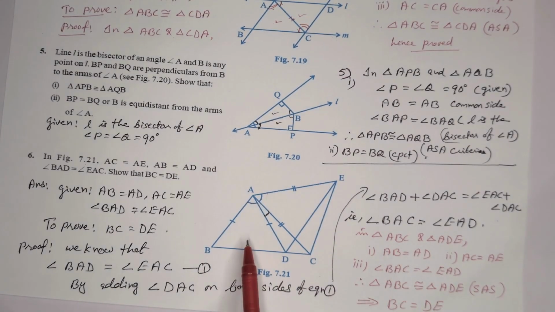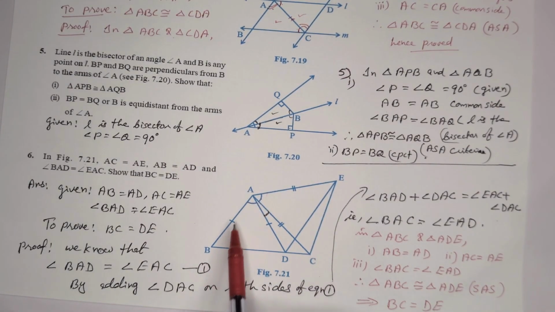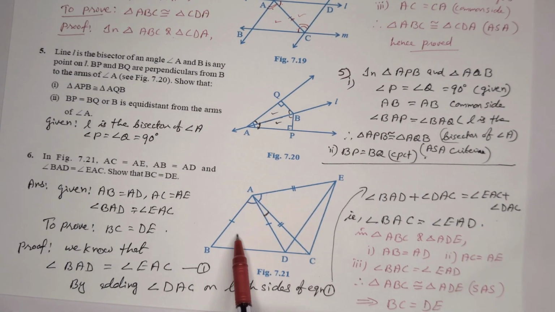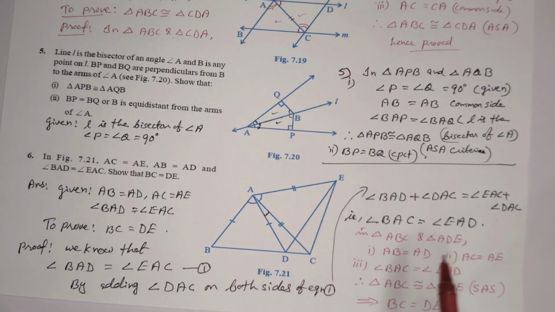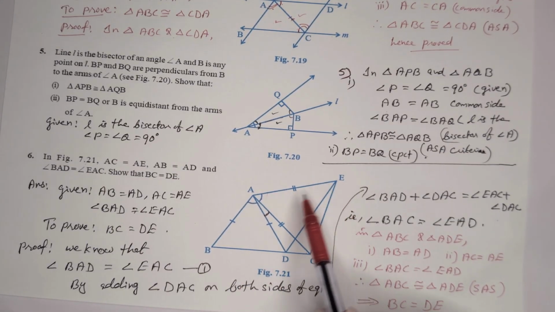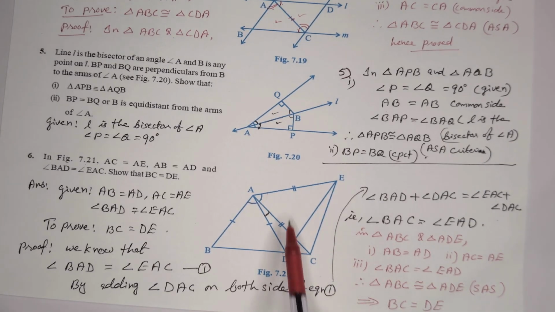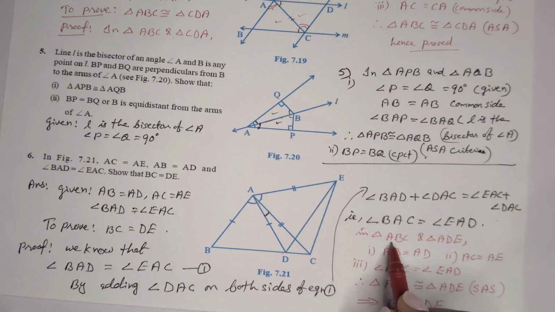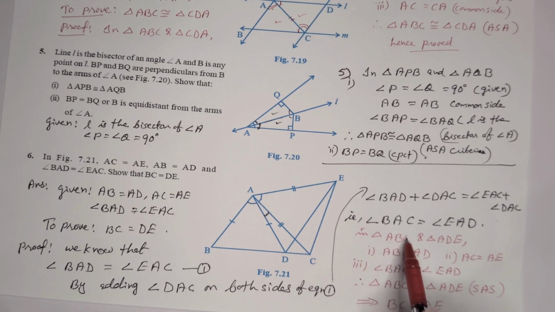Now consider triangle ABC, this full one, and ADE, from here to here. In that we can see AB is equal to AD, and AC is equal to AE.